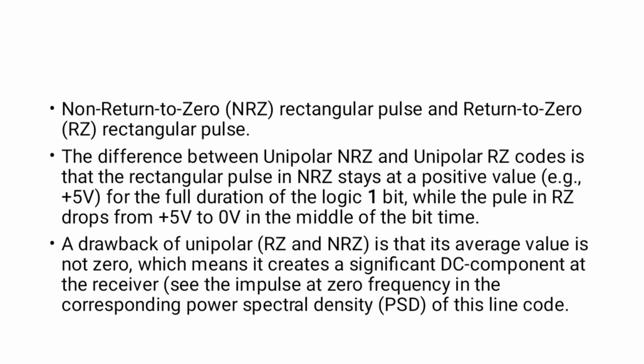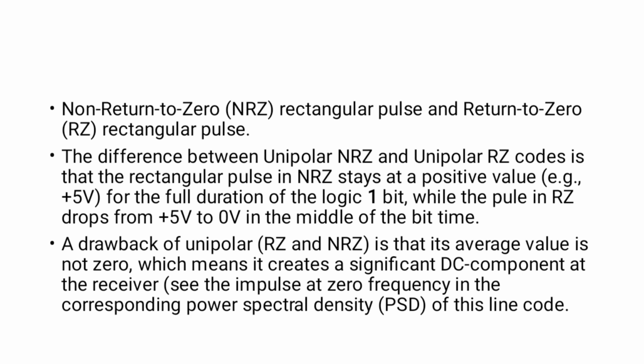In unipolar RZ code, the rectangular pulse in NRZ stays at a positive value, non-return to 0. It won't come to 0 until the end of the logic 1, and it comes to 0 at logic 0. Whereas in RZ, return to 0, it comes to 0 at the middle of the logic 1 value.